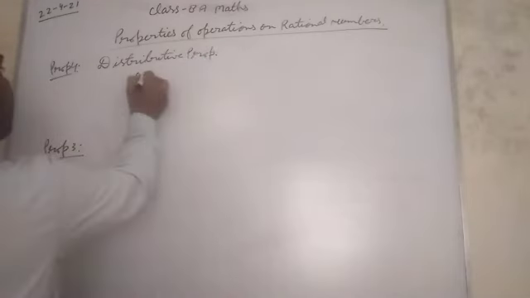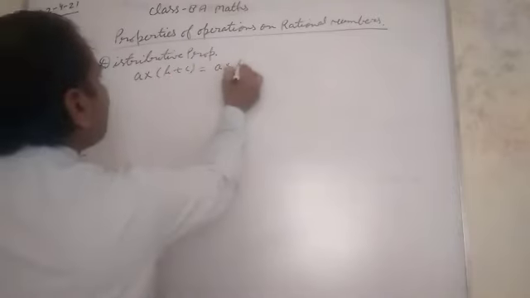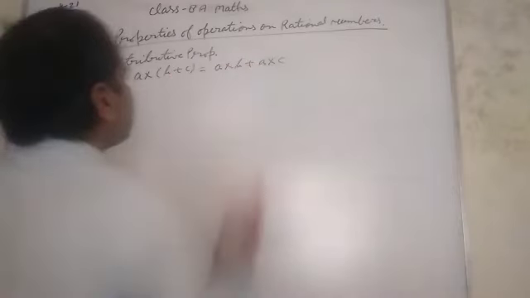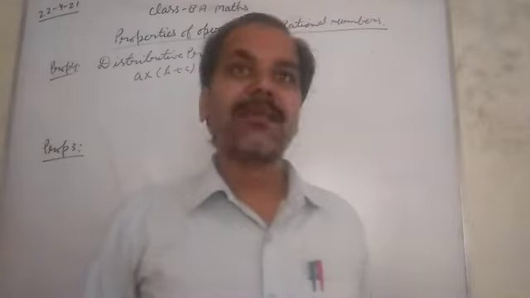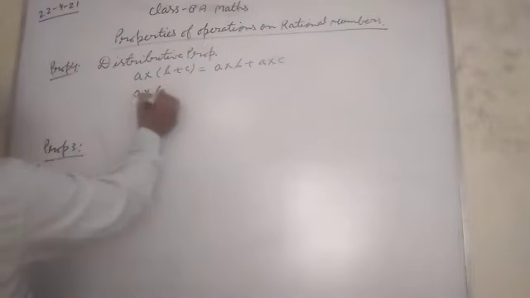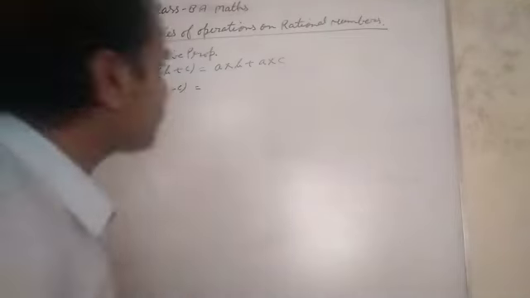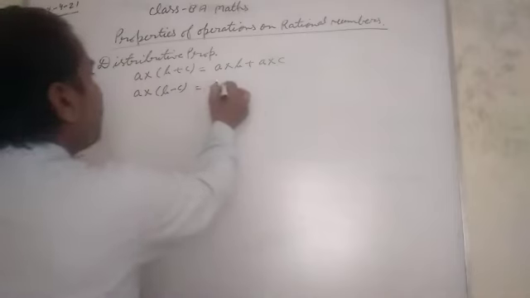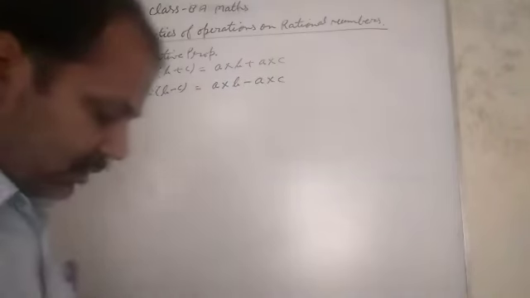A into (B plus C) is equal to A into B plus A into C. This is the distributivity of multiplication over addition and subtraction. So for B minus C also, if we multiply by A, A into (B minus C) will satisfy this: A into B minus A into C. Clear?